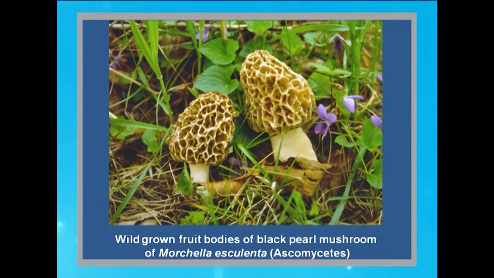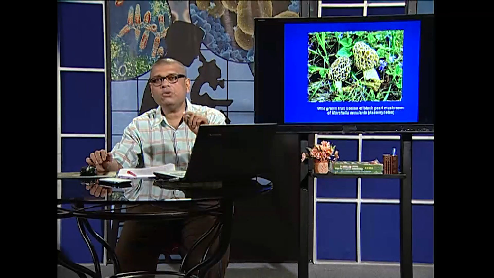It is growing along with some higher plants, growing in a form of a symbiotic association called mycorrhizal association. So, that is the reason why this particular mushroom has got a high palatability, and at the same time it is very costly because it cannot be cultivated.